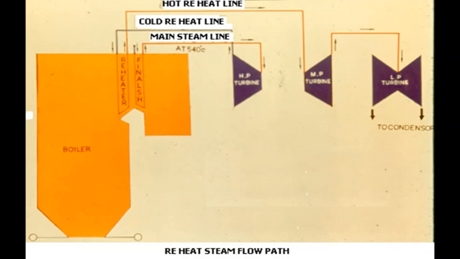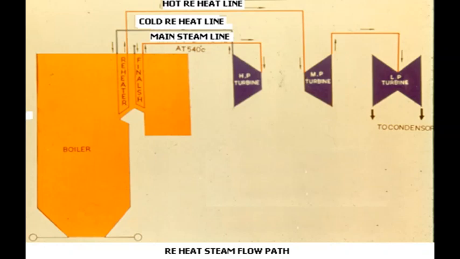in which superheating was done, and after this resuperheating or reheating at lower pressure, this steam is again returned back to turbine in intermediate pressure stage or medium pressure stage, where it is expanded, and from there it is passed on to LP turbine, low pressure turbine, and finally the exhaust steam is condensed in the condenser with circulating water, where the heat is rejected.